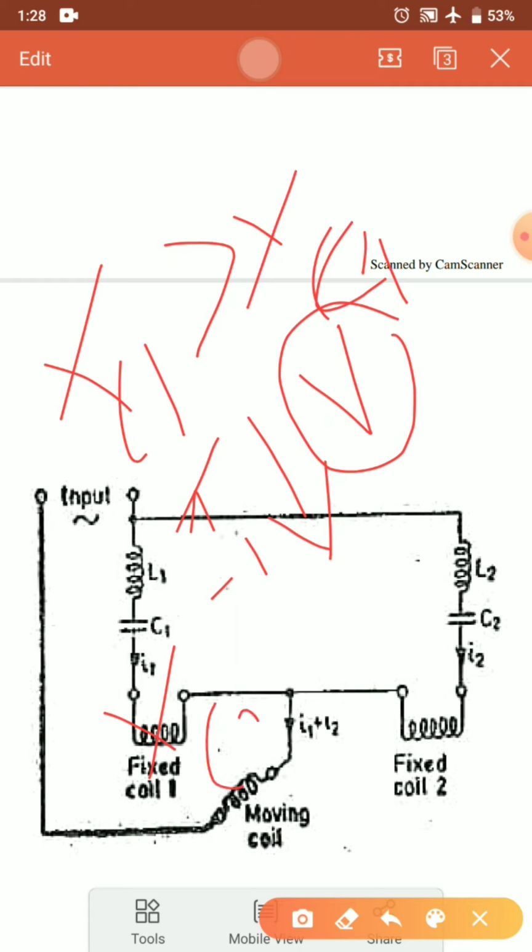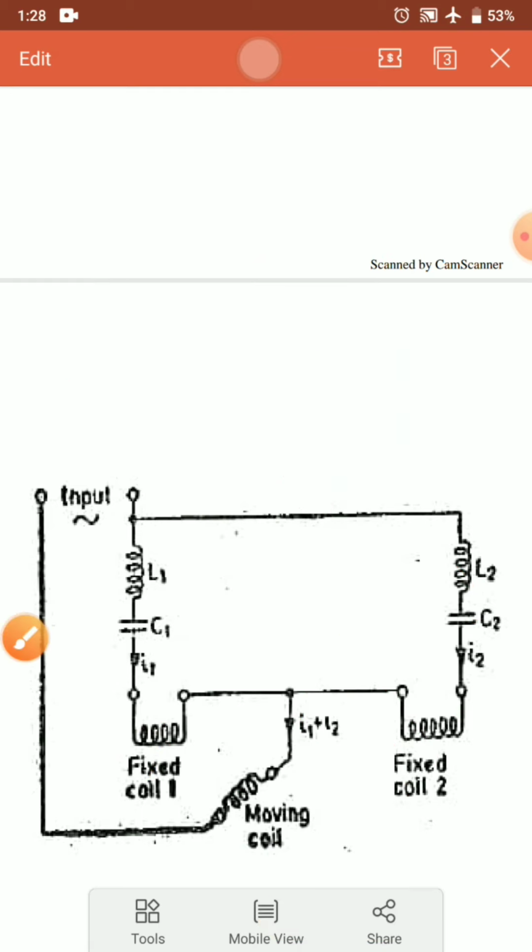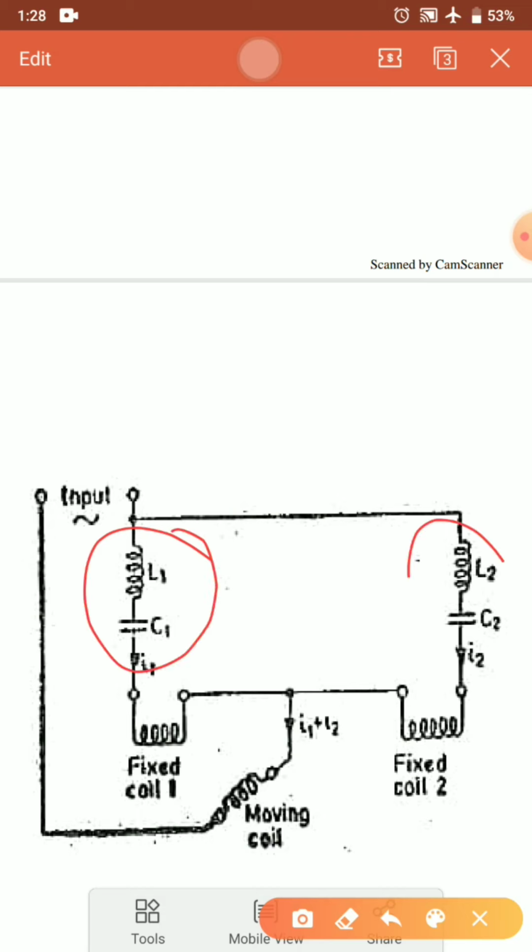In fixed coil 2, if XC2's value becomes greater than XL2, then I2 will lead the voltage V. Based on this, we can easily understand that depending on the values given here, a lagging or leading component is produced.